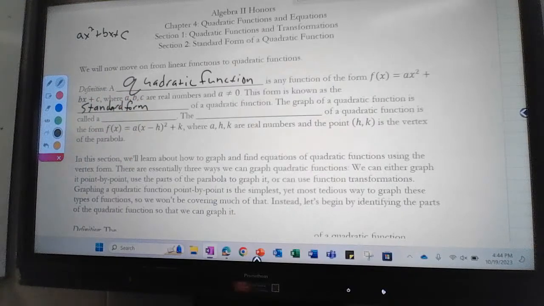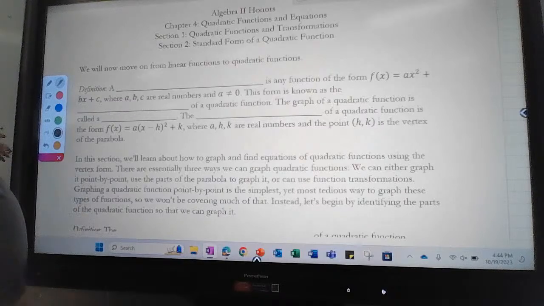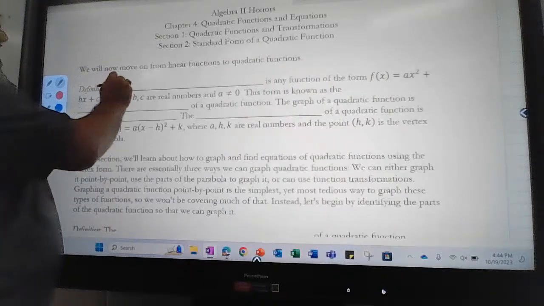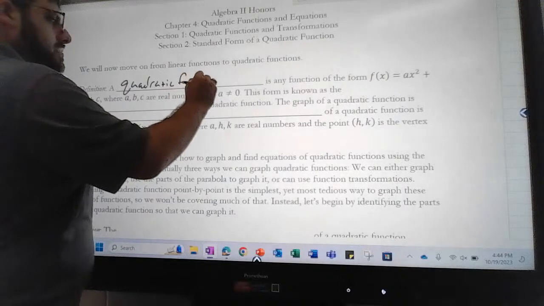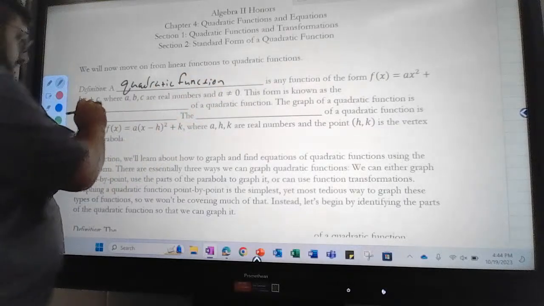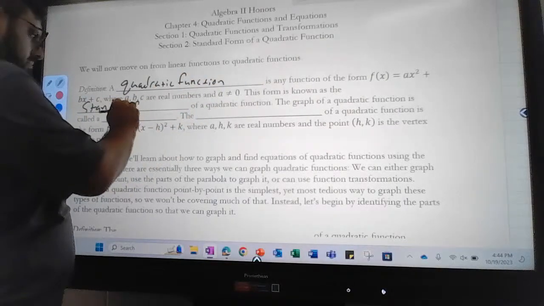Now, the reason why a has to be non-zero is that if a is 0, then, oops, I accidentally erased it. There we go.